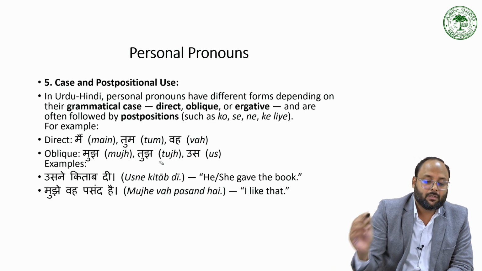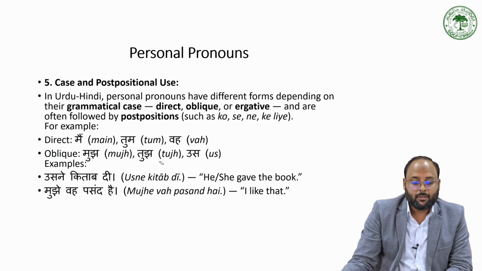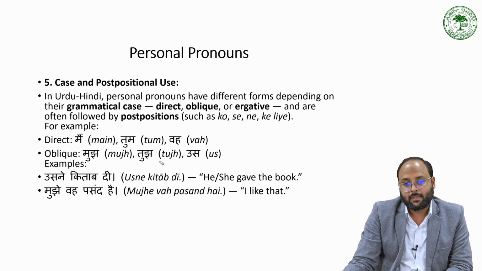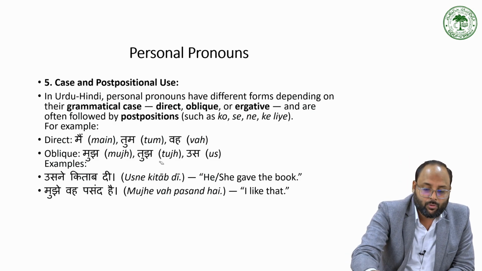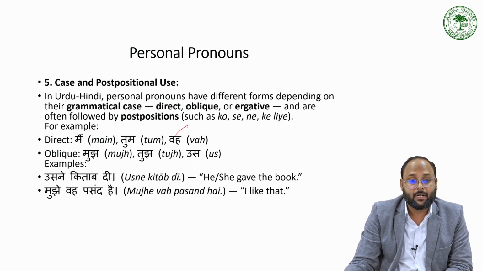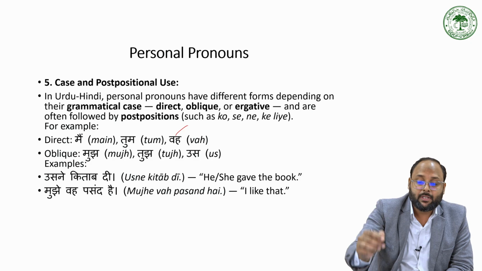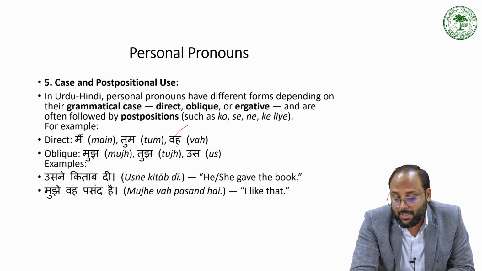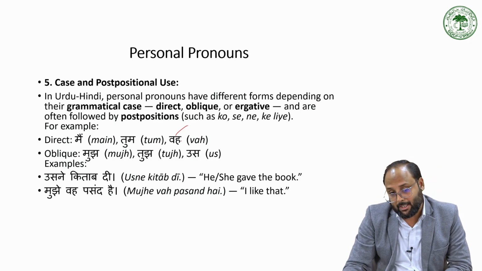So like the direct form, उसने किताब दी, like when we are saying वो किताब दे रहा था या तुम किताब दे रहे थे. So like वो किताब पढ़ रहा था या वो किताब दे रहा था. So when we are using the postposition after वो, it becomes उसने किताब दी.